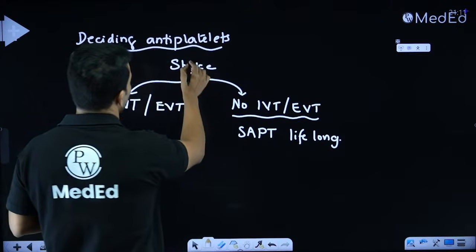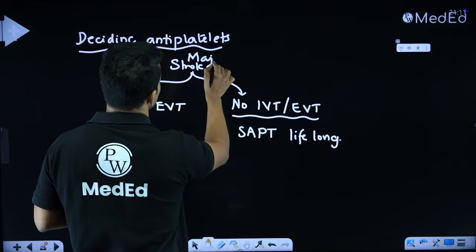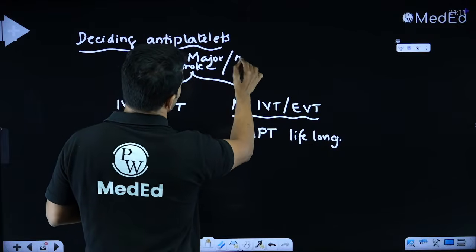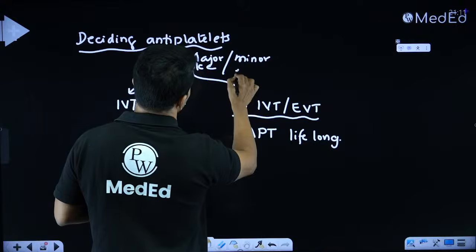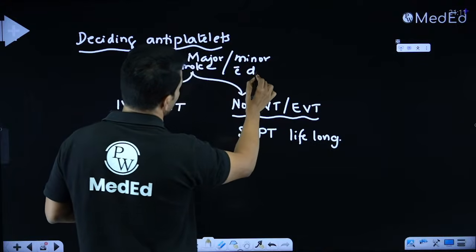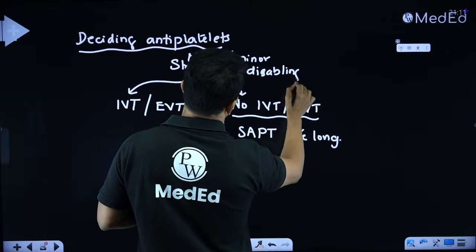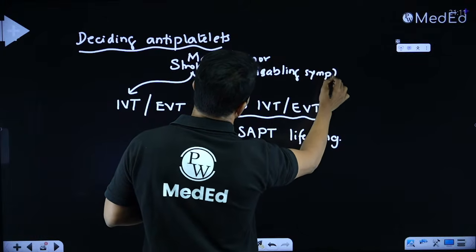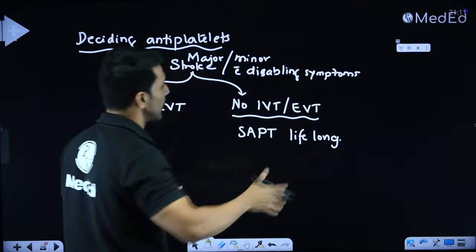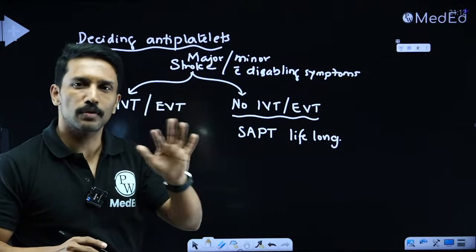Remember, here I am talking about major stroke or minor with disabling symptoms. Minor without disabling symptoms, we don't even think about IVT, EVT, we just start them with dual antiplatelets.